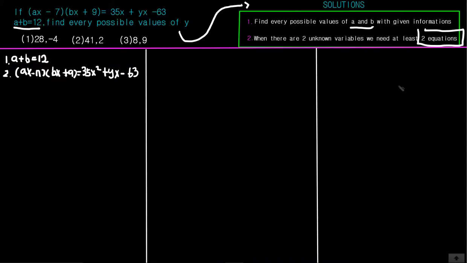And we can see that according to the binomial theorem, if we multiply a and b, we are going to get 35. So we can write in step 3 that a times b is equal to 35, which means a and b are factors of 35.